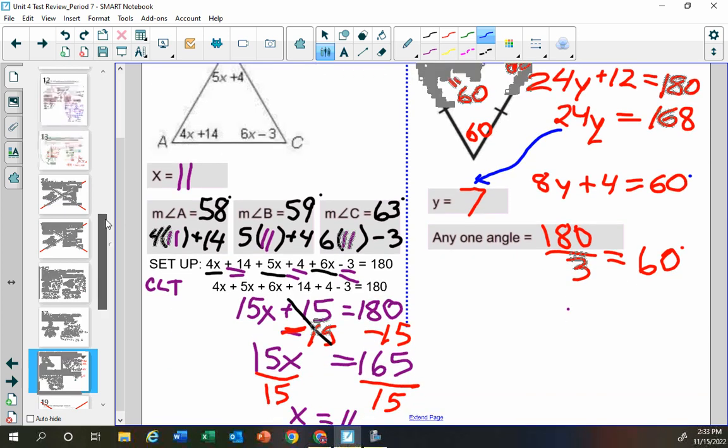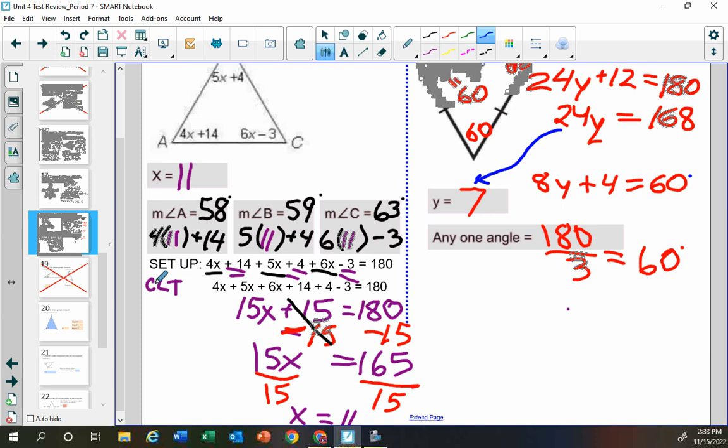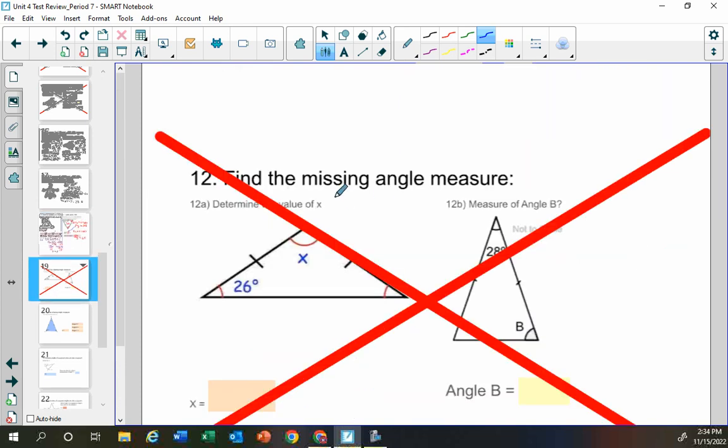All right. Problem 12, skip. This one, you're going to skip it. No, you're not going to get this one on the test.